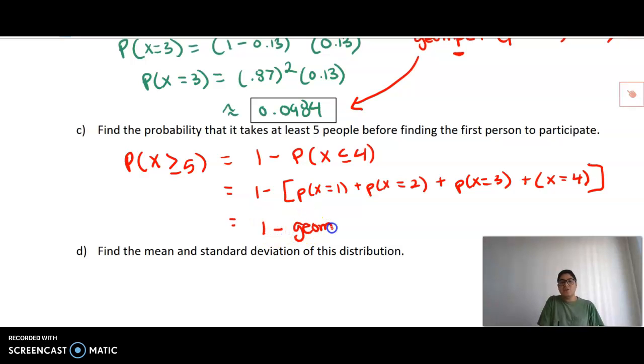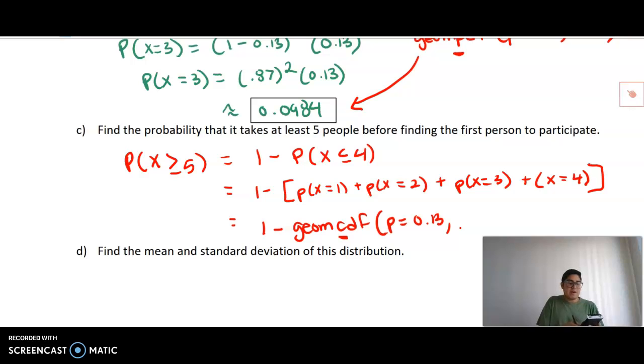We're going to use geometcdf because I want a cumulative range of values now. When I do that, again, my p-value, and notice I'm labeling everything, is going to be 0.13, and my x value is 4, because it's within 4. Oh, it's because I did this backwards. geometcdf.